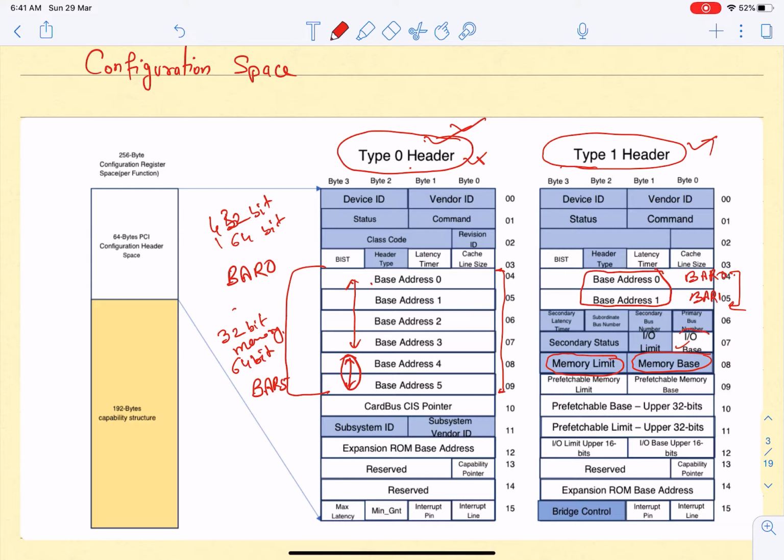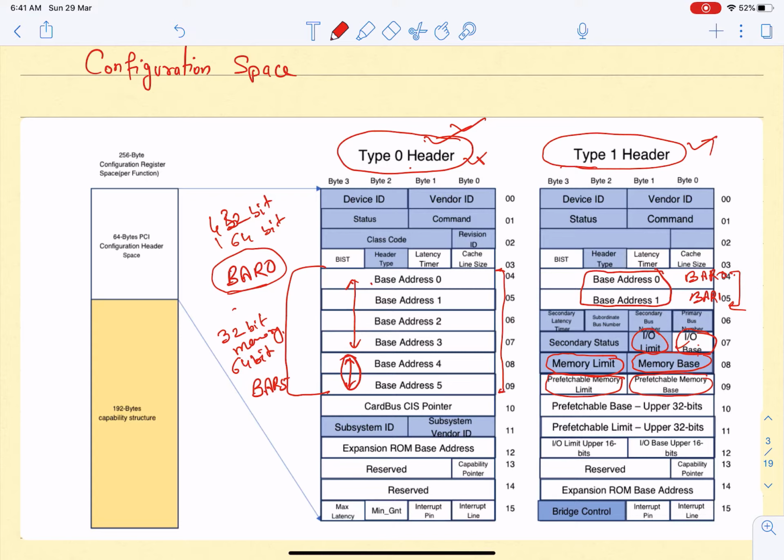Similarly, if we have IO address space, this IO address space is also configured in the base address region, so this IO base and IO limit. We can have prefetchable memory base and prefetchable memory limit. If memory is prefetchable, then it should lie in 64-bit address space.